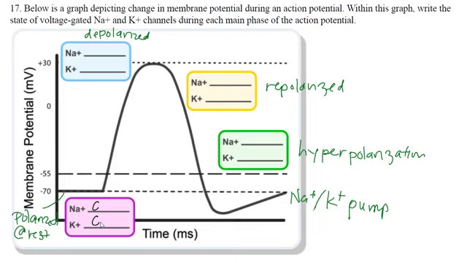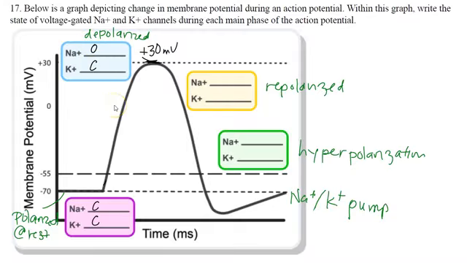So we're going to have depolarization. Depolarization means the membrane potential is getting more positive all the way up until you reach that plus 30 millivolts. And at this point, in order to allow it to be more positive, the voltage-gated sodium channel is open, O for open, but the potassium channel is closed.